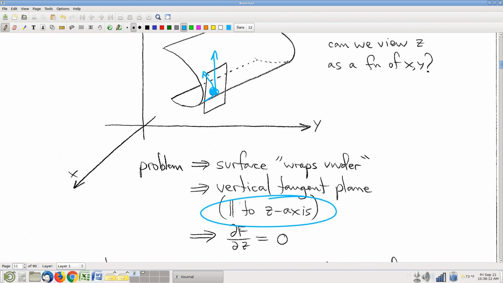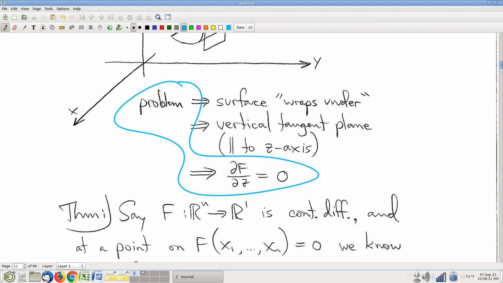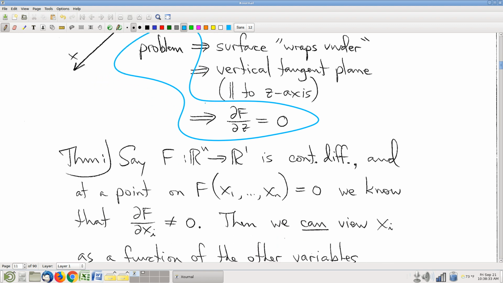As you're moving along that curve, the function's not changing. You're on a level set. Level set means not changing. That means that as you're moving in the z direction, this partial of f with respect to z is 0. Again, that's what we can see from the picture, and the contrapositive gives us what we want. If the partial of f with respect to z is not 0, no problem.